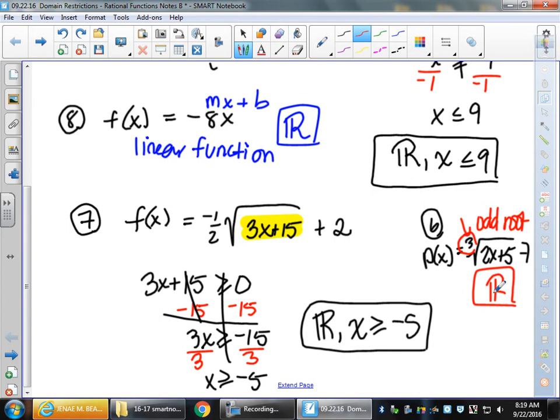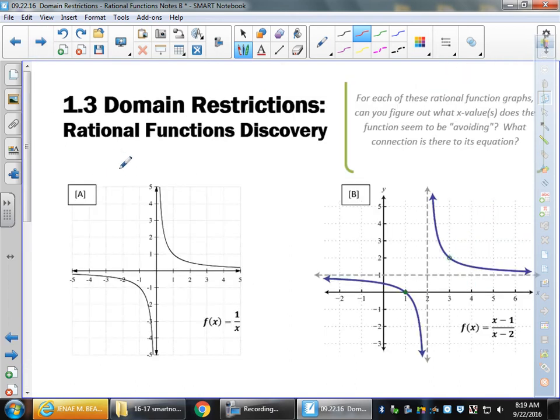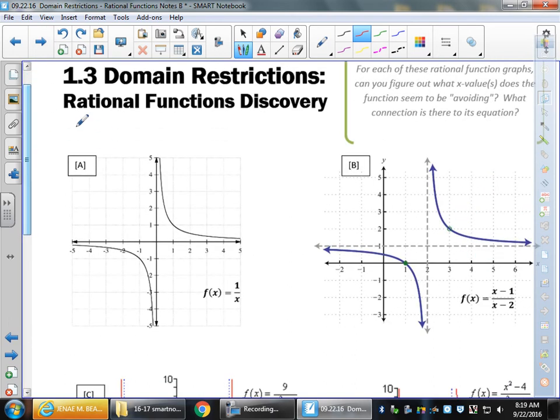What are these functions called? Look at the title. What is it called? Rational functions. All rational means x in the denominator.